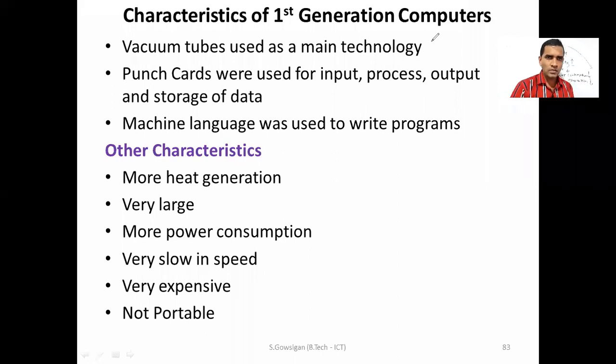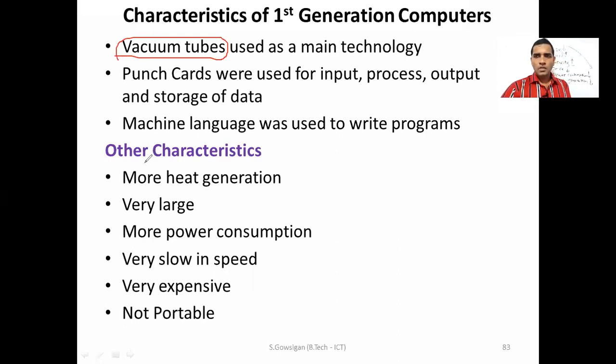We input the data to the computer, processing takes place inside, and the output is found. We already discussed this previously. To do such a thing, a technology is needed. That technology is in the form of vacuum tubes in the first generation. Don't forget, first generation computers were built by using vacuum tubes. It's a kind of hardware.